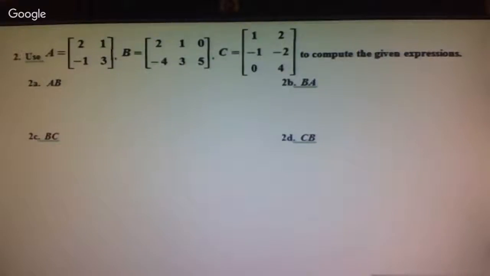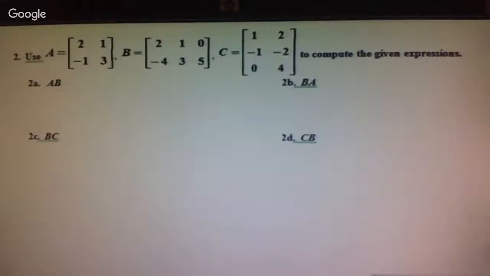I want you to practice inputting matrices into your calculator and using your calculator. This is a calculator active activity. Input A, B, C to your calculator and then complete 2A, 2B, 2C, and 2D, just like we did for adding and subtracting.